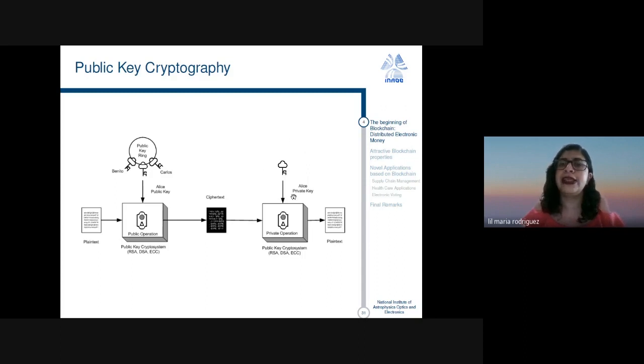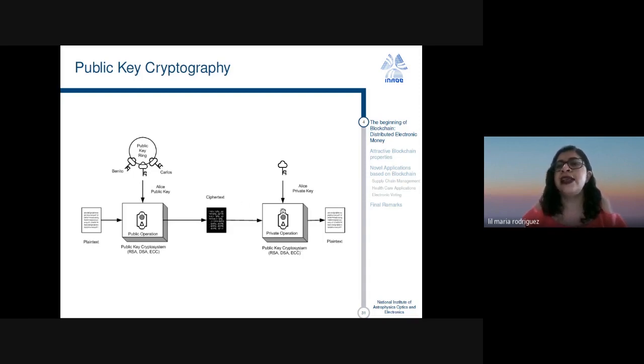Then when the message comes to the other entity, the entity that is receiving this message, he will apply his private key, so Alice can recover the plaintext. So that's the main idea about public key cryptography.